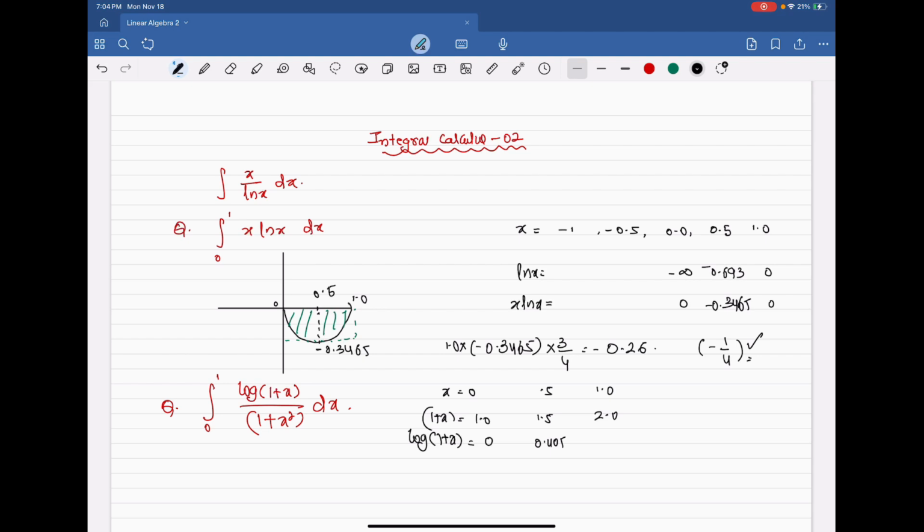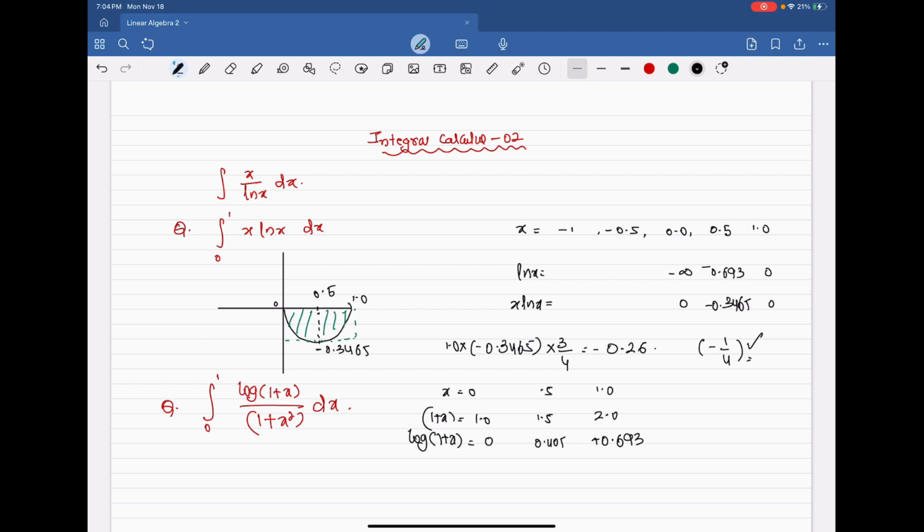Otherwise, you have been given the scientific calculator. In the examination you can solve from there also, but if you remember, it will be faster. 0.405, then ln 2 is plus 0.693. Just remember, even in the previous class, I told you 0.5 is minus 0.693, whereas ln 2 is plus 0.693.